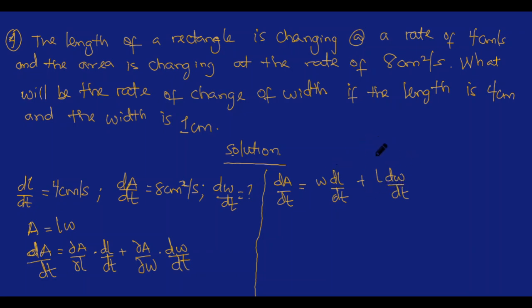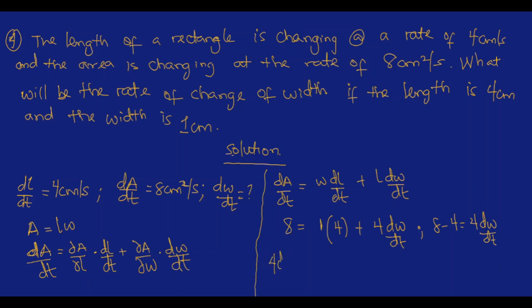We know dL/dt, we know L, we know W, and we know dA/dt. So we can substitute: 8 is equal to 1 multiplied by 4 plus 4 dW/dt. So 8 minus 4 is equal to 4 dW/dt.